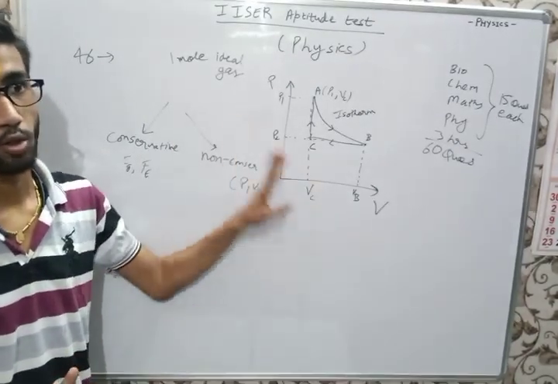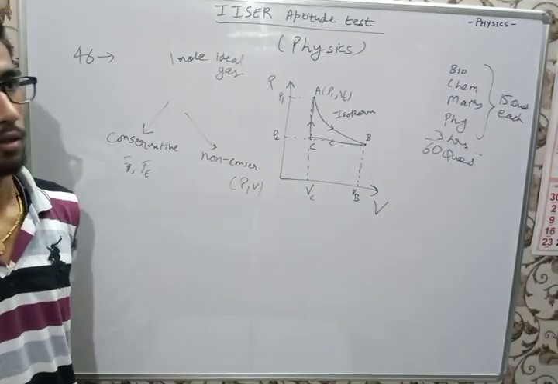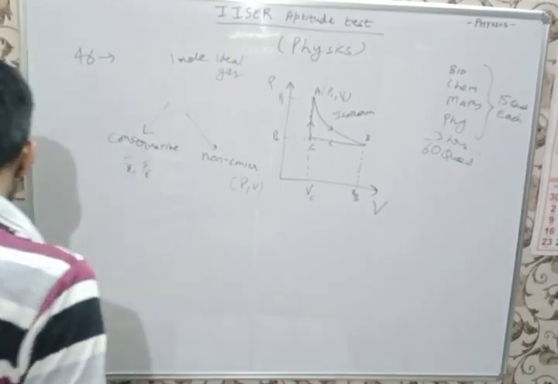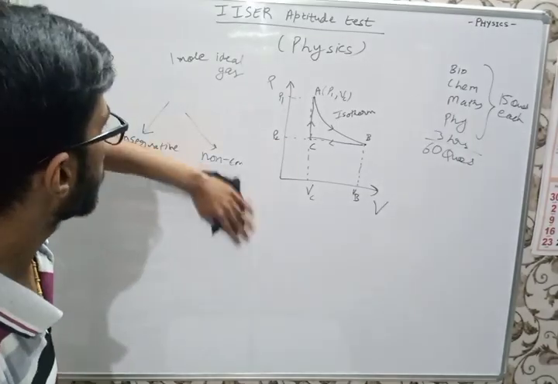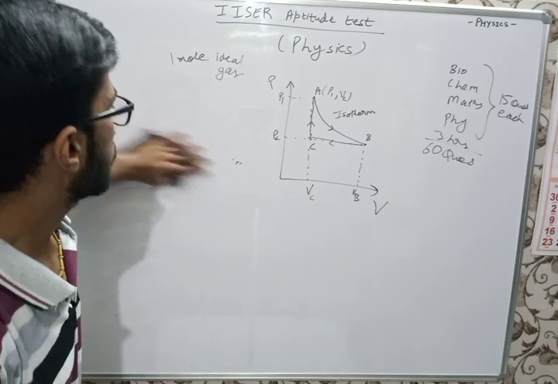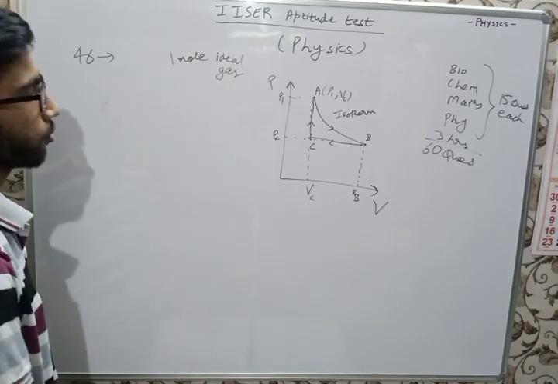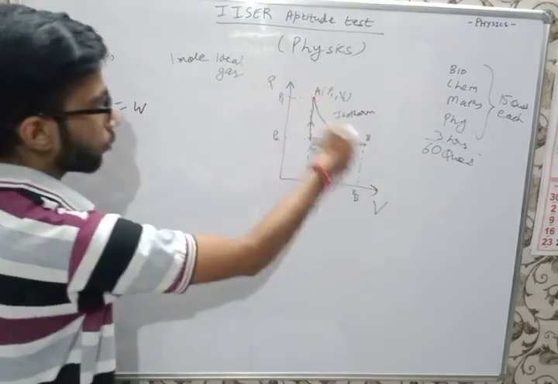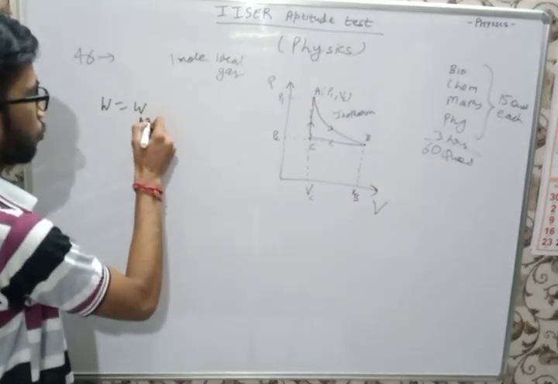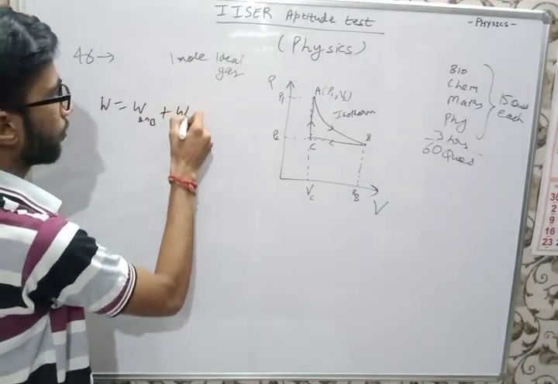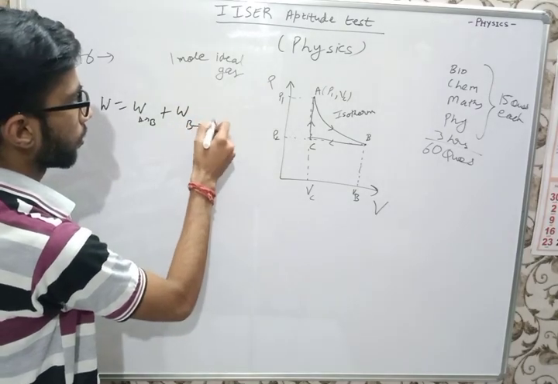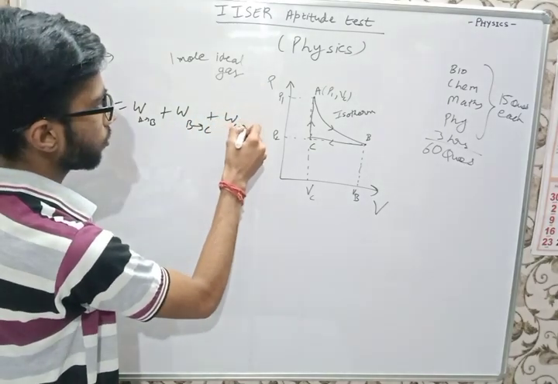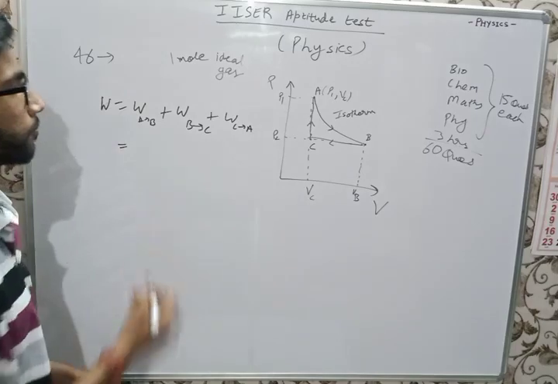It is not conservative. You should compute it as W equal to W A to B plus W B to C plus W C to A.